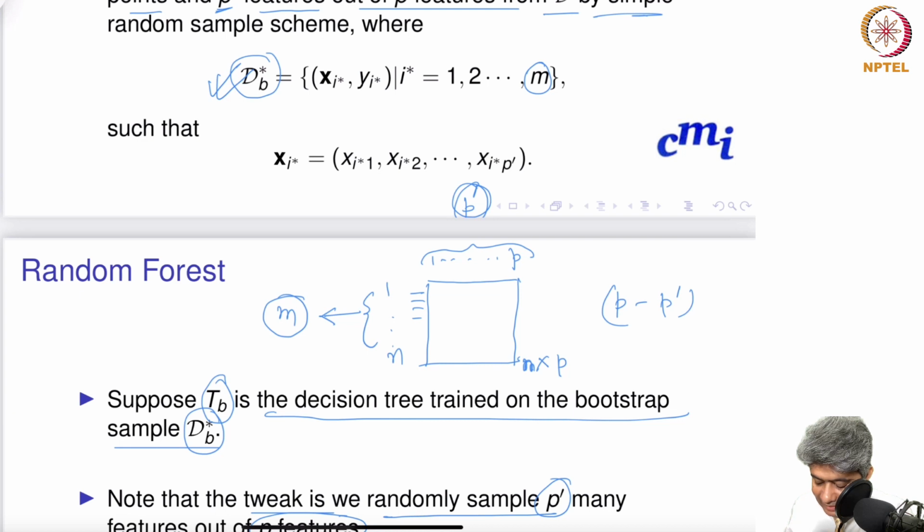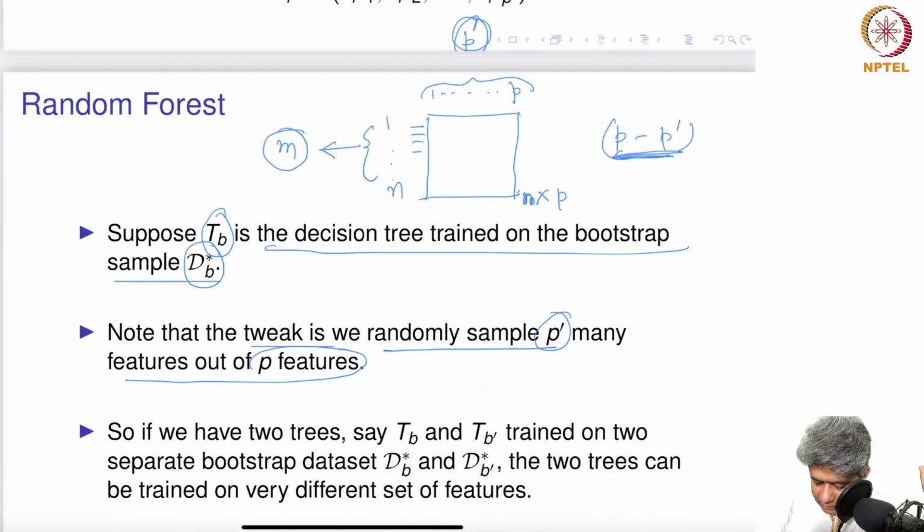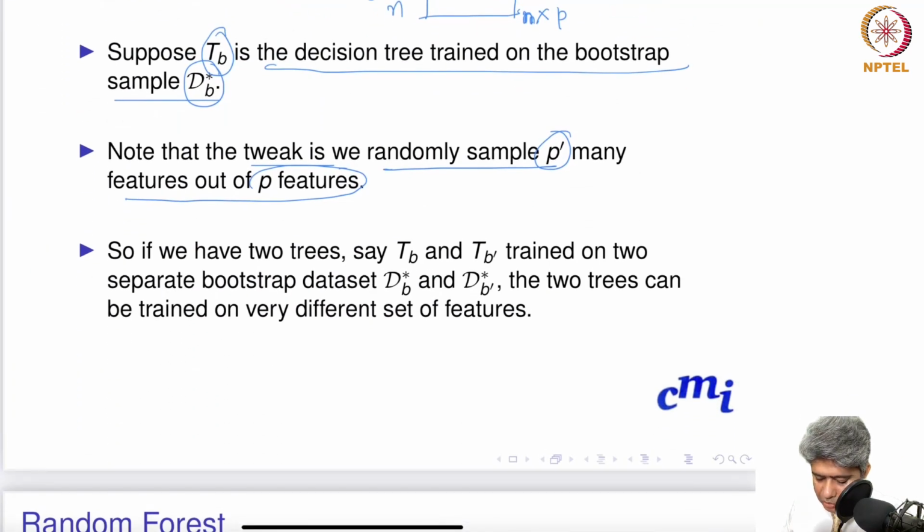In this dataset, p minus p dash many features will not be present. That is an interesting feature that I found. And as a result, you are dropping those features and building a sub model, a nested model. So that is the tweak that they are doing.